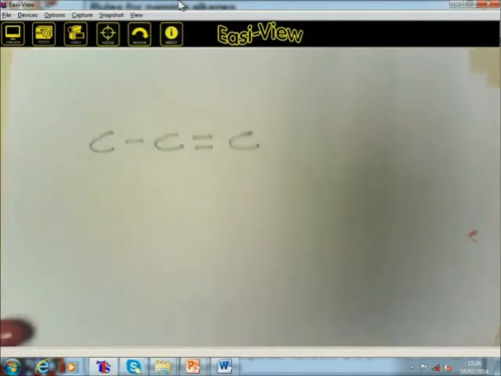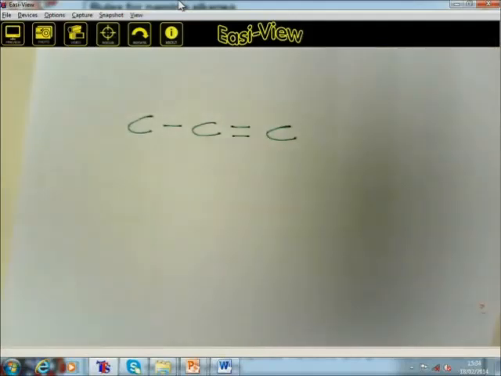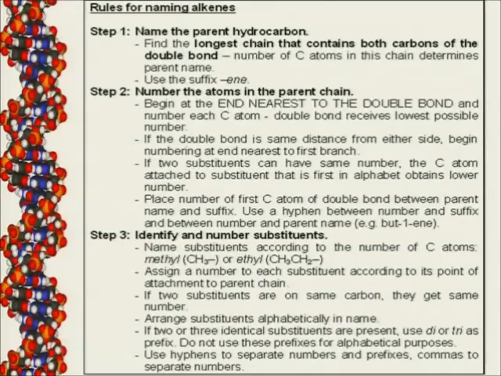When we look at the second step for naming the compound, they say you must number your carbon atoms in the parent name. You begin at the end nearer to the double bond, and then you give the number of the position of your double bond.